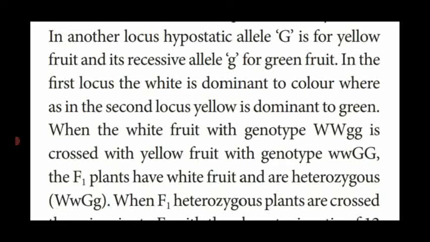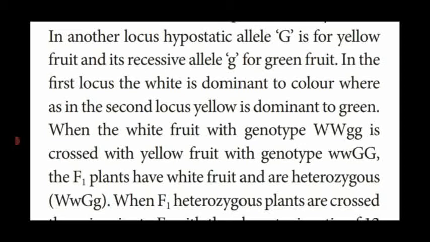So here, in the other locus of a gene, the hypostatic allele G is for yellow color fruit. That is dominant. And the same gene has another recessive allele, that is small g, which is for green color fruit. So dominant allele G for yellow color, recessive allele small g for green color fruit.